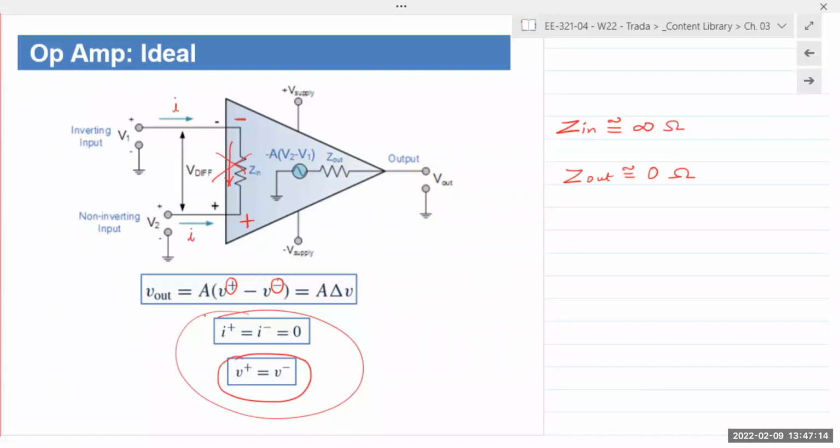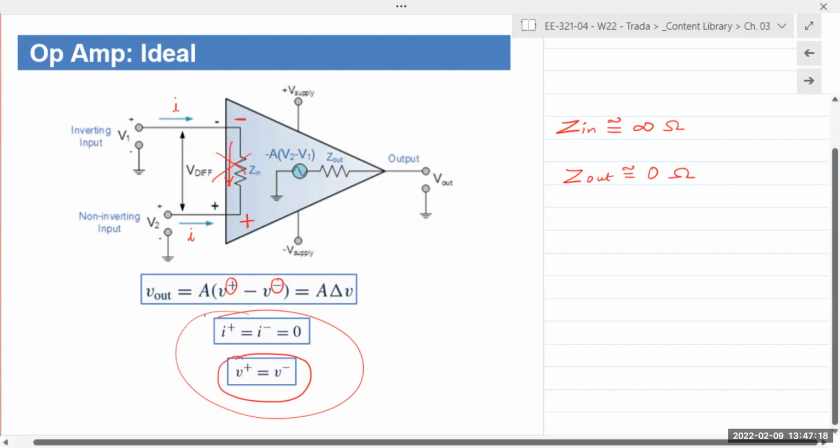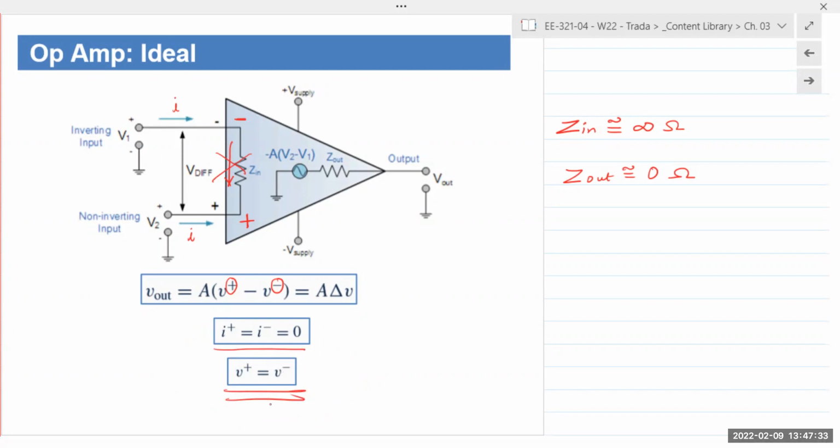The rules are that it has infinite input impedance, the current going into the inverting and non-inverting terminals is equal to 0, and the voltages at both terminals are also the same. So I plus is equal to I minus, and V plus is equal to V minus.